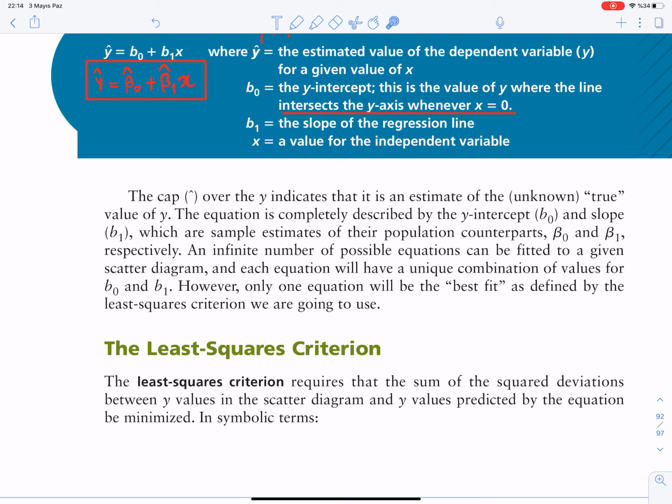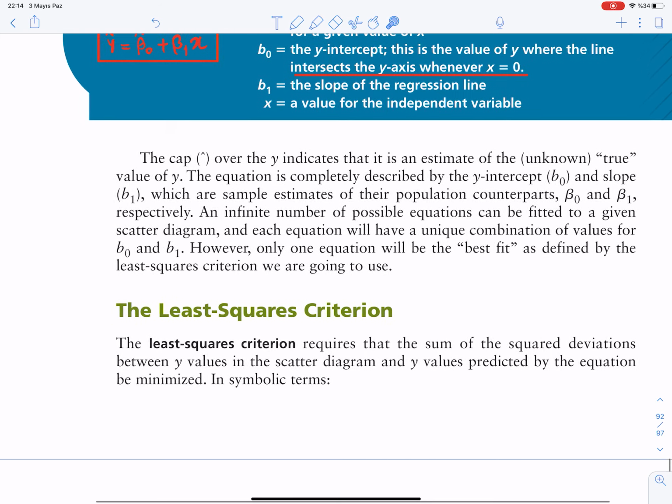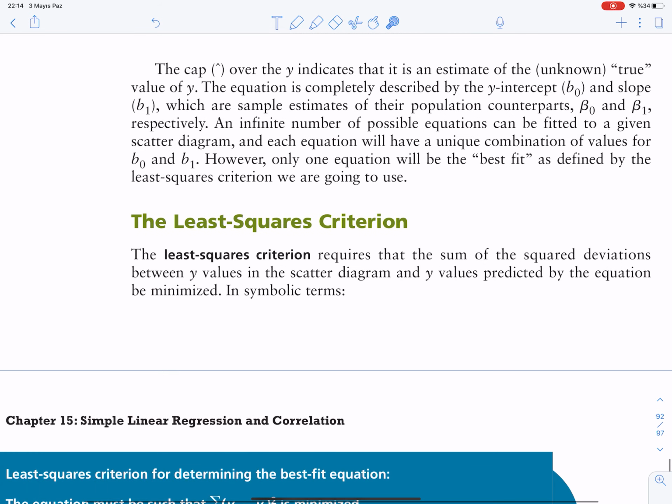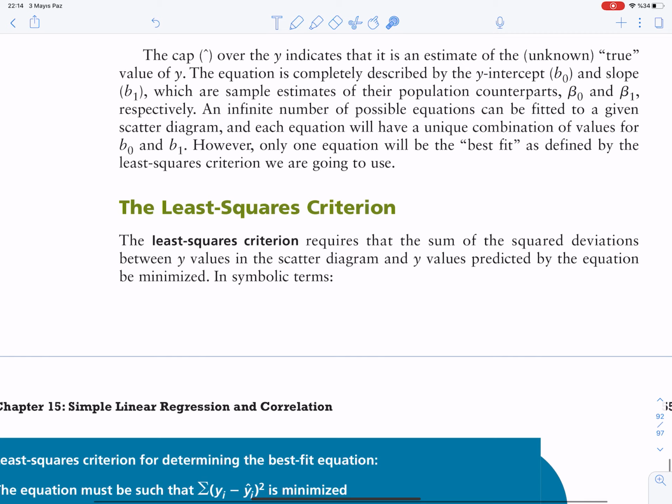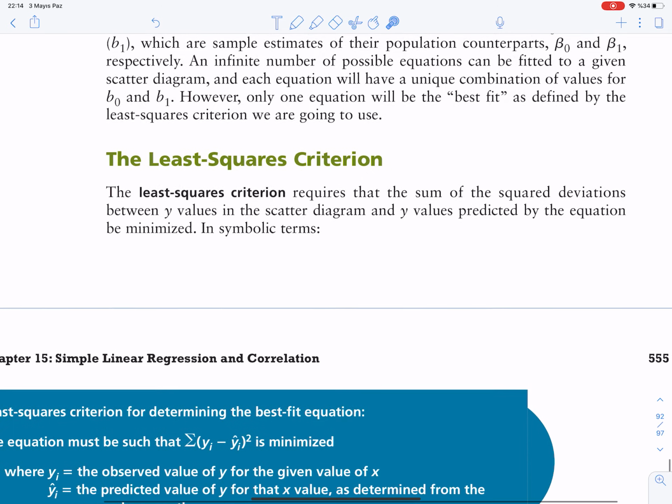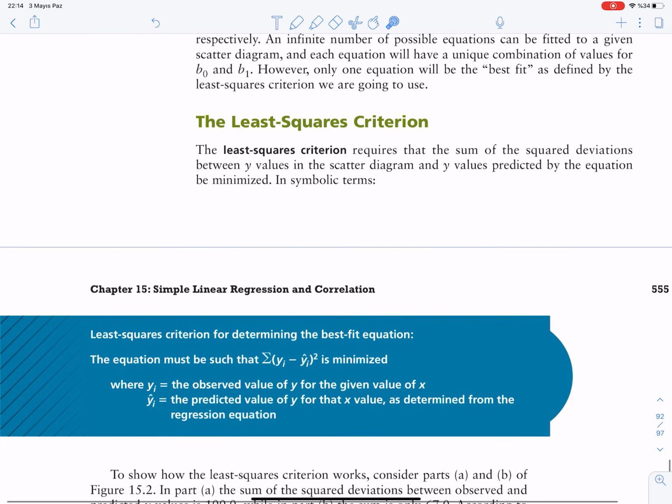To get the best estimates b null and b1, we use least square estimation. You can find an infinite number of b null and b1, but one will be the best fit. We'll see this with an example.